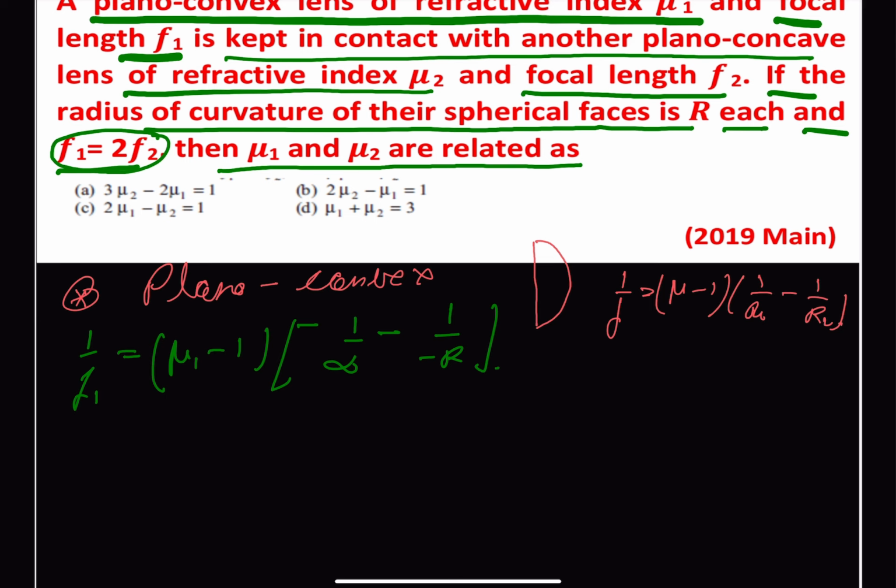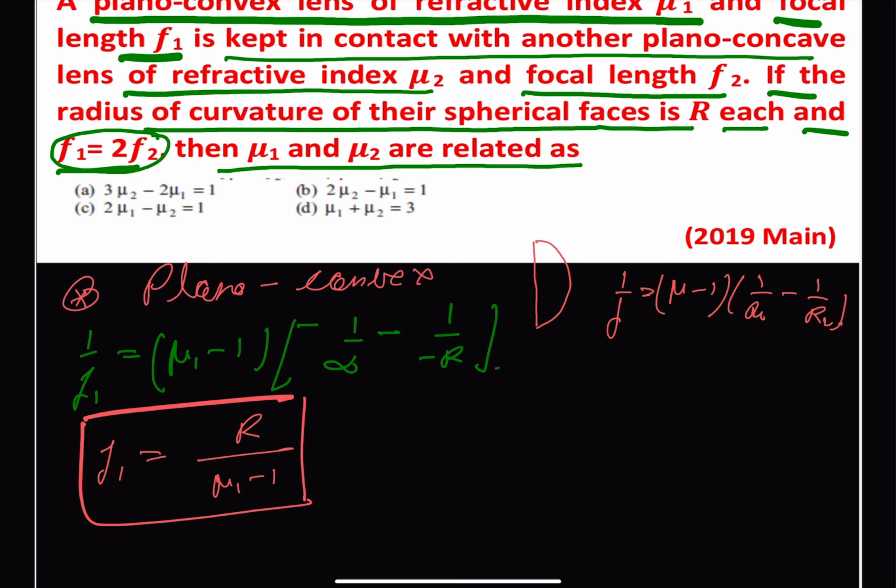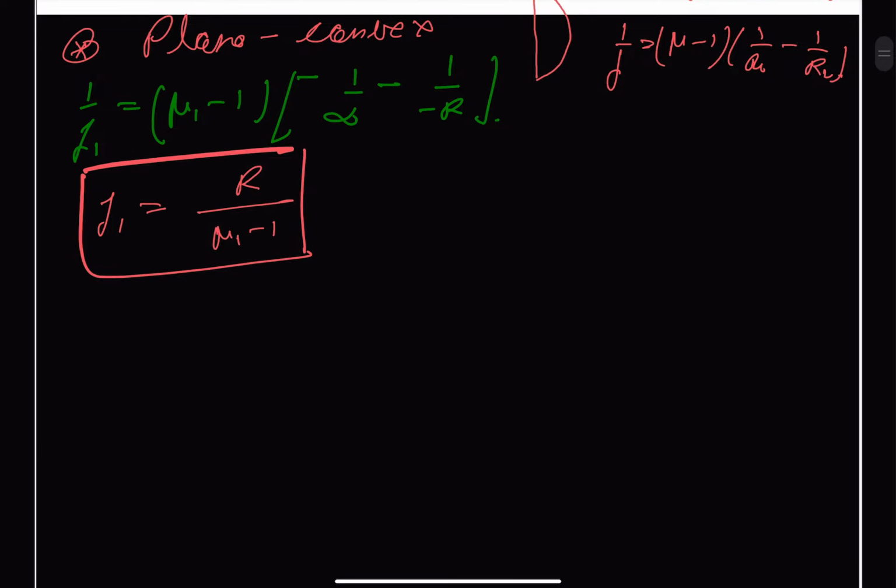And from here we get that our f1 is equal to R upon mu1 minus 1. Now we can consider our plano-concave lens.